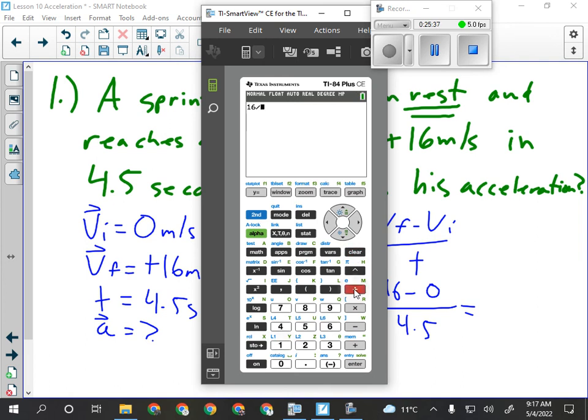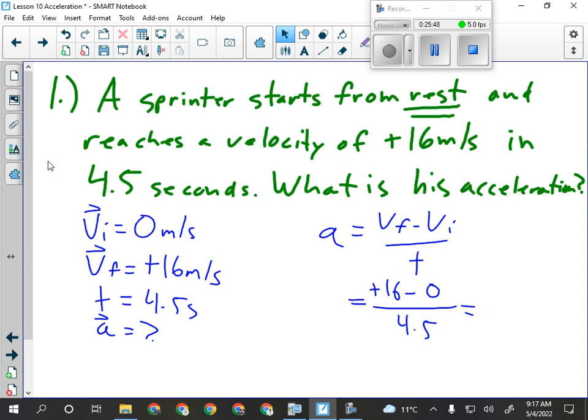So 16 divided by 4.5. His acceleration is 3.6 meters per second squared, and it's positive. Oh, that's an S. Doesn't look like an S.